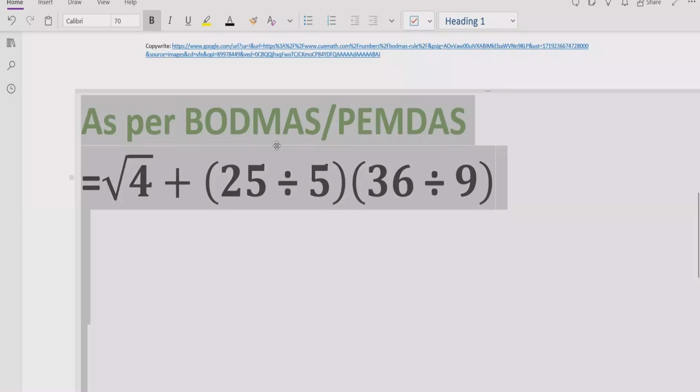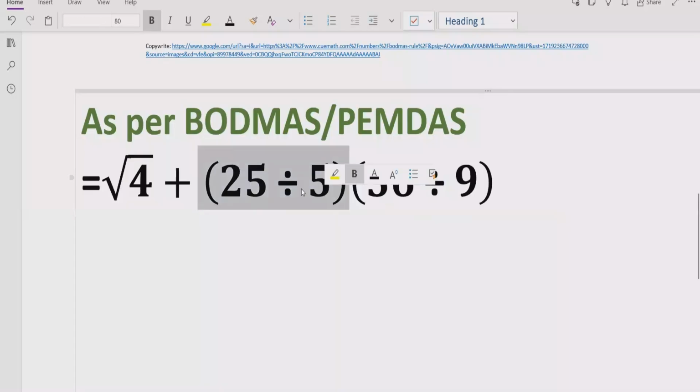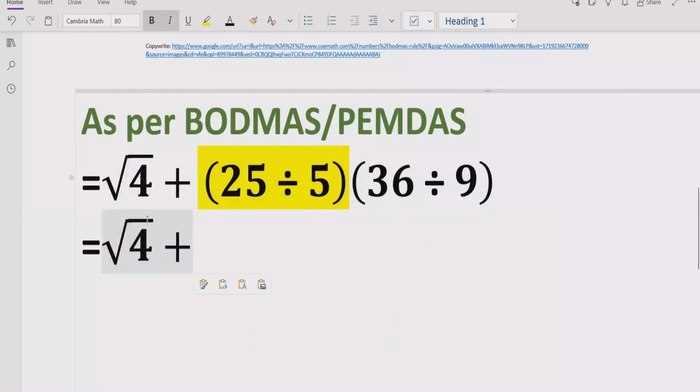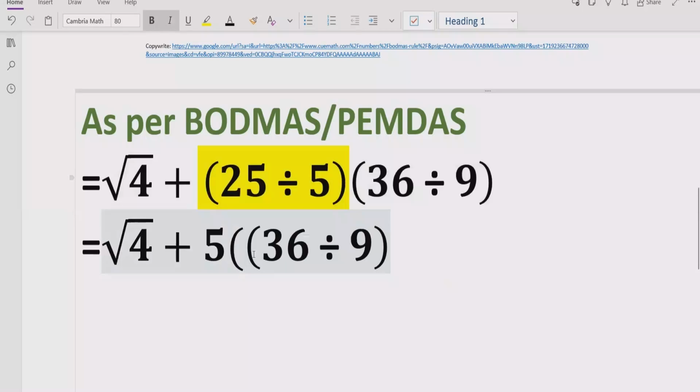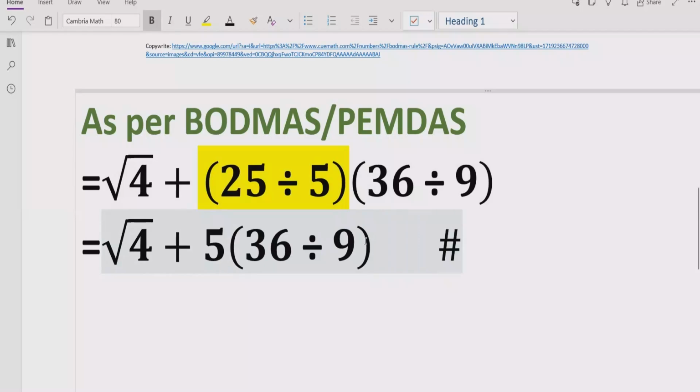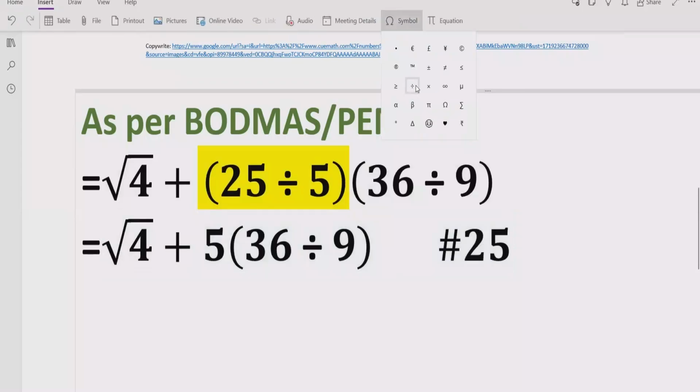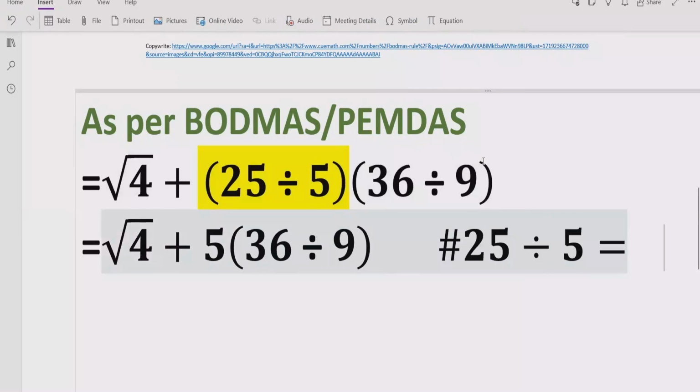According to the BODMAS and PEMDAS rule, first of all, we have to solve the bracket. So here we have two brackets, this one and this one. First of all, we will solve the first bracket, which is coming first. And this part we will write as it is. 25 divided by 5 equals 5. And the remaining part, divided by 9, we will write as it is, and give the reference here: 25 divided by 5 equals 5.